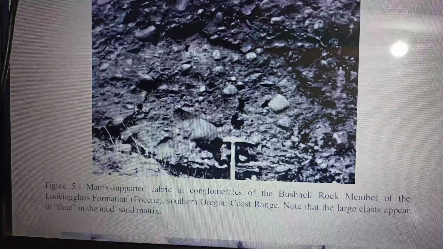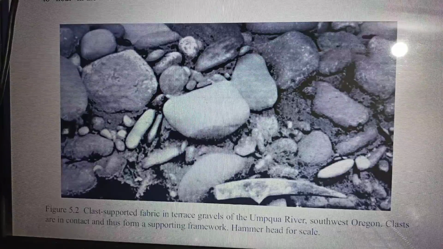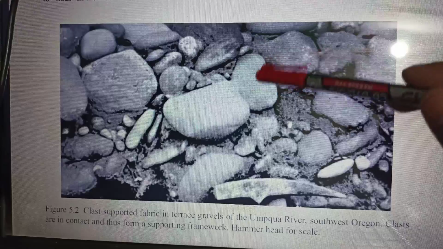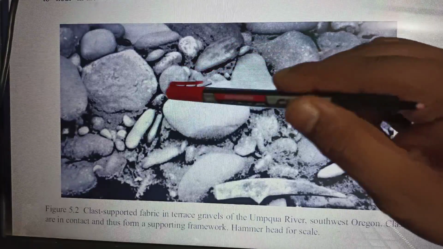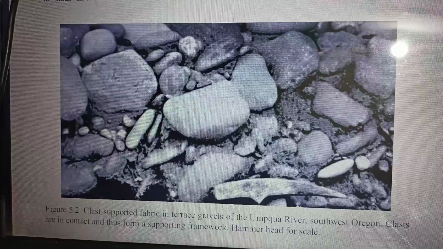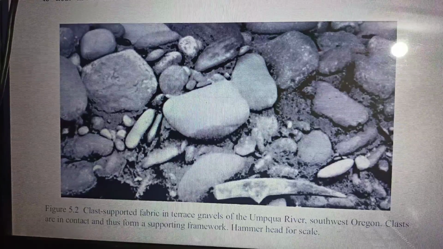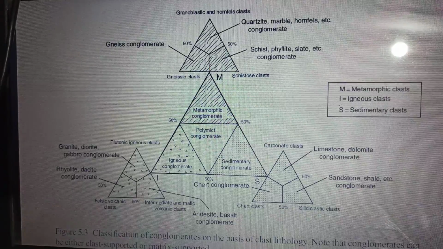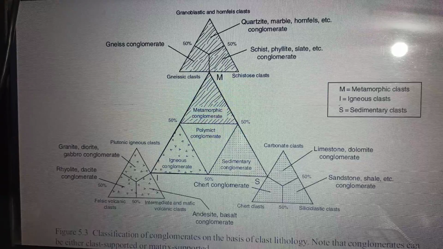And now we are going to see grain supported. See, these grains are in contact with each other. You could see clearly these grains are in contact, so these are known as grain supported conglomerate. Now you see polymictic. Polymictic means pebbles of different origin.